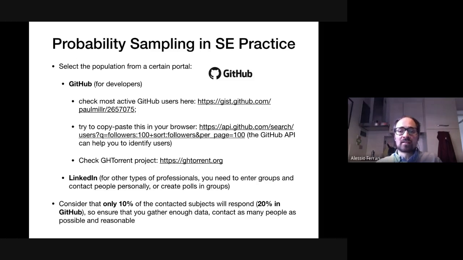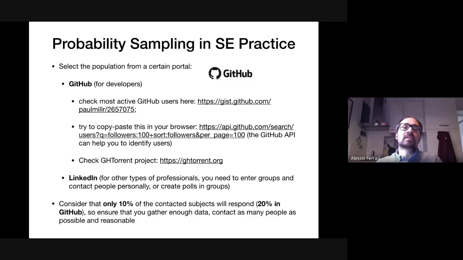So copy paste in your browser, and you can download it. You can see the list of the most active GitHub users. You can get also many more information if you check out this GHTorrent project. So you get actual emails from GitHub.